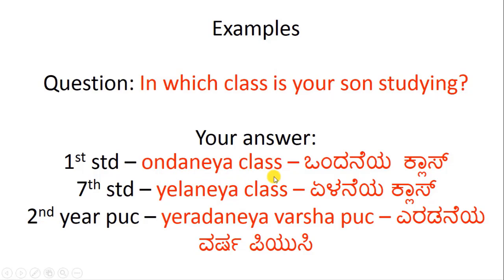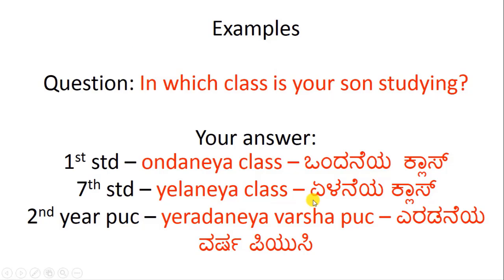Or Yelaneya class, 7th standard. 7 is ಏಳು, 7th is ಏಳನೆಯ class. Or instead of second year PUC, you can say ಎರಡನೆಯ ವರ್ಷ PUC. Varsha is year. Second is ಎರಡನೆಯ.